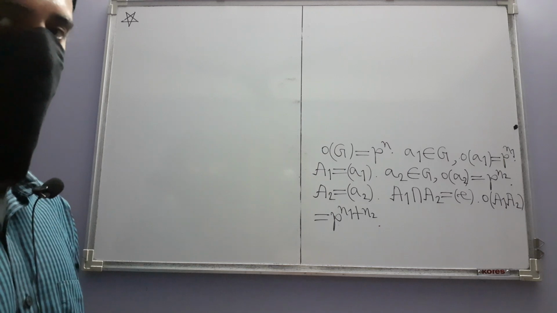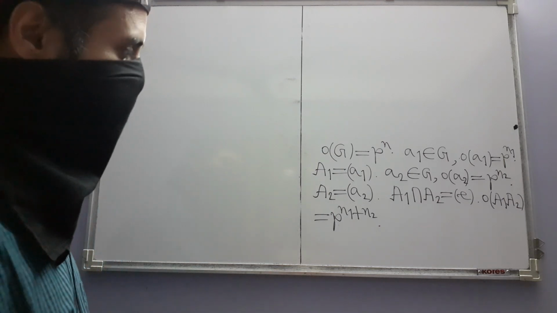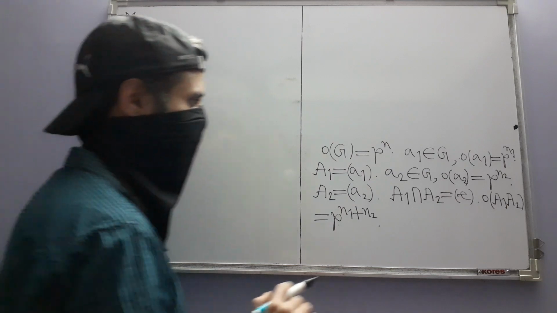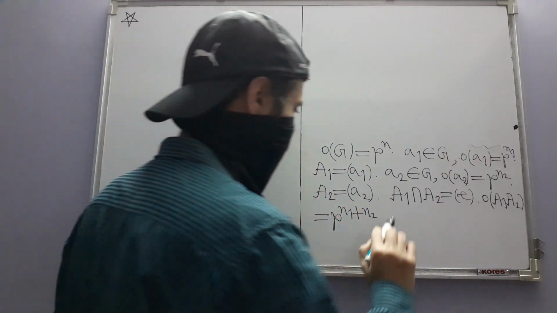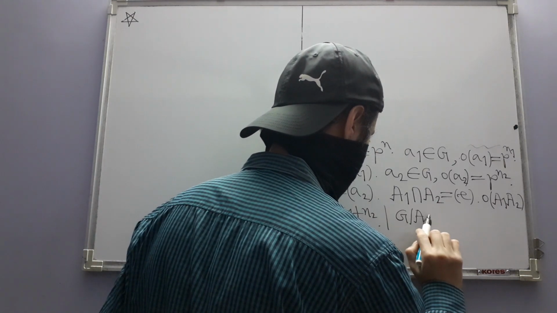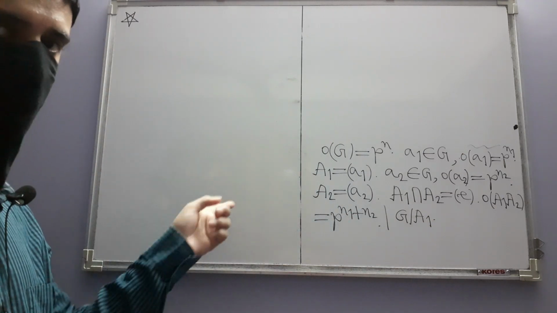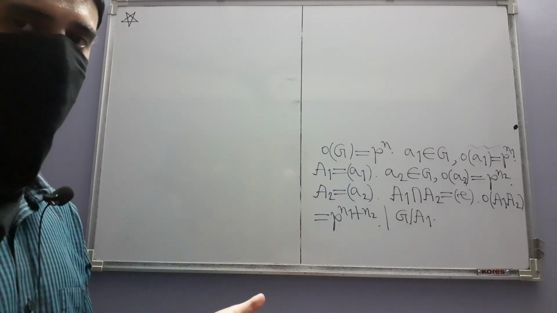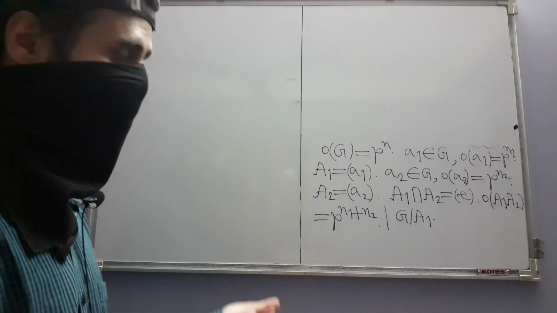We did this much, but then let's see what the next step is. You remember, after considering this, we then considered this quotient group. In this next step, we are again going to consider a quotient group. This time, the quotient group of G by the product A1 A2.